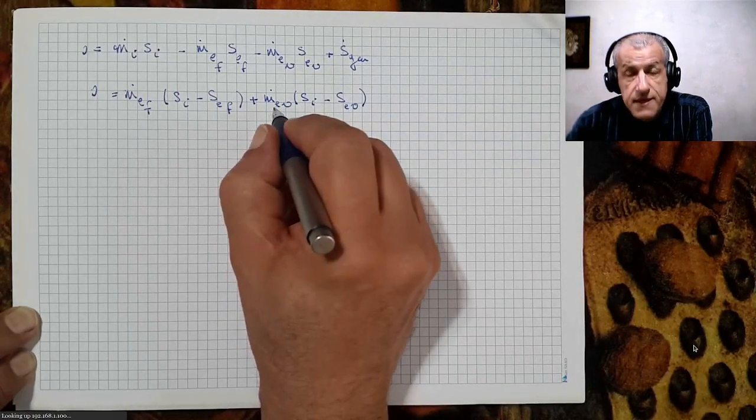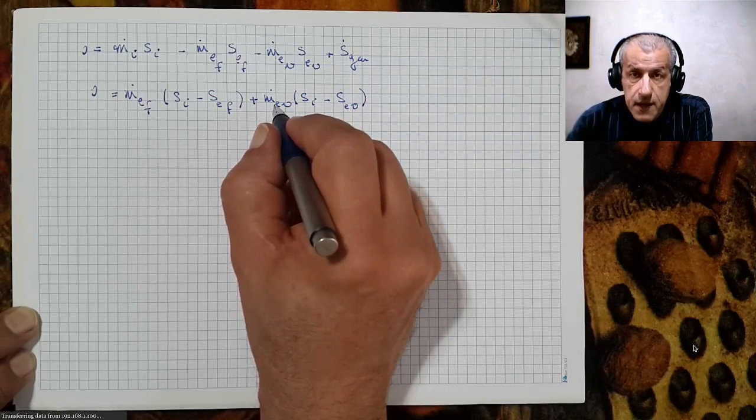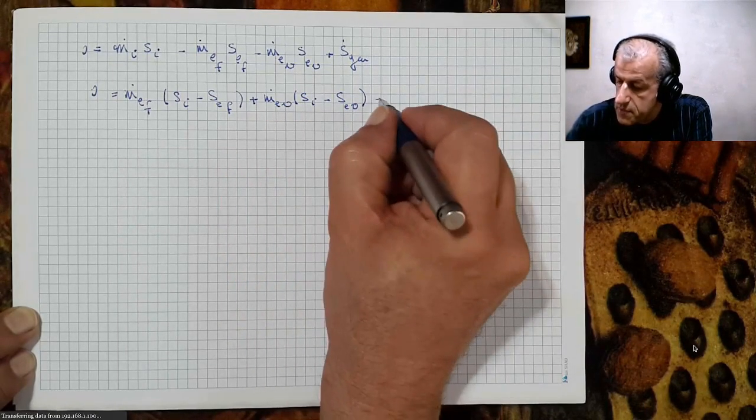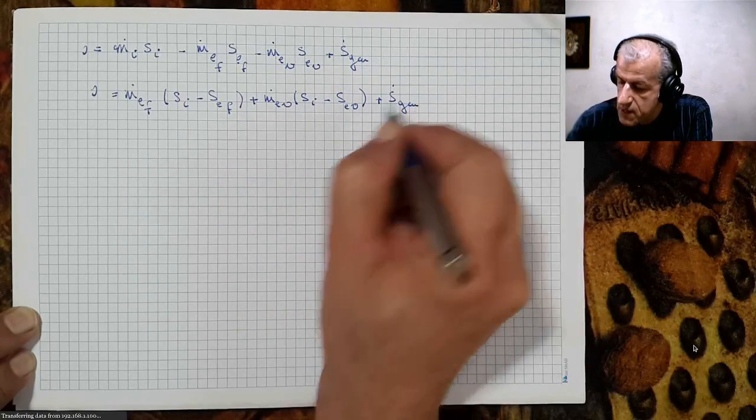And this is the liquid that turned to vapor, plus S dot Gen.